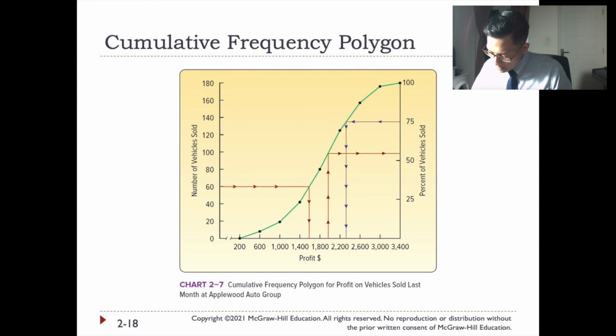Another thing is that the number of cars sold with profits less than 2000 is about 50 something percent, or about 100 observations. So this is the way that you interpret the cumulative frequency polygon.